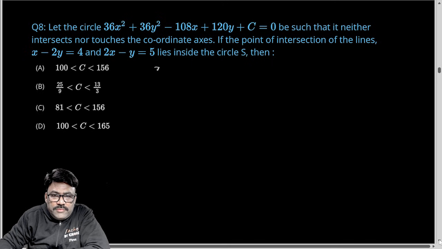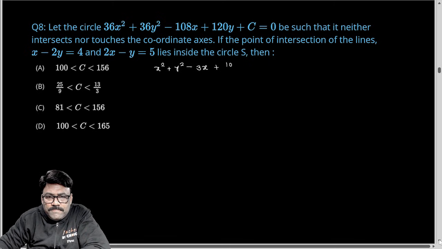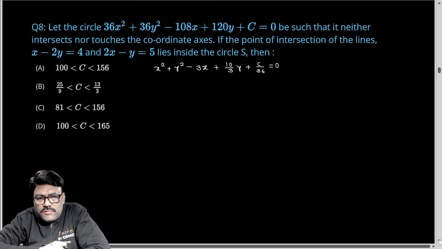If I write this circle in standard form, means if I divide the whole equation by 36, so this circle can be written as x square plus y square, 108 by 36 means 3x, 120 by 36, so it will be what? 20 by 6, 10 by 3 actually. So this is your circle, x square plus y square minus 3x plus 10 by 3 y plus C by 36, equal to 0.